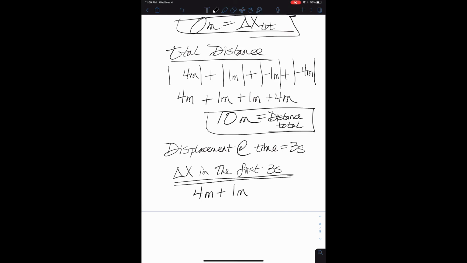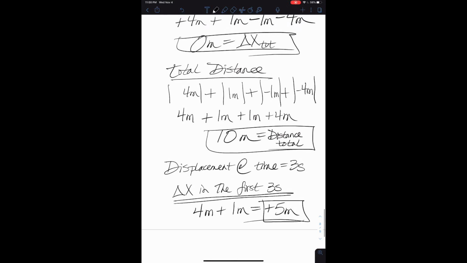Those two displacements, right? So we're going to get positive 5 meters. All right, so there you have it. Obviously, I can ask an infinite number of questions, but that's a pretty good sampling of everything that I can ask.